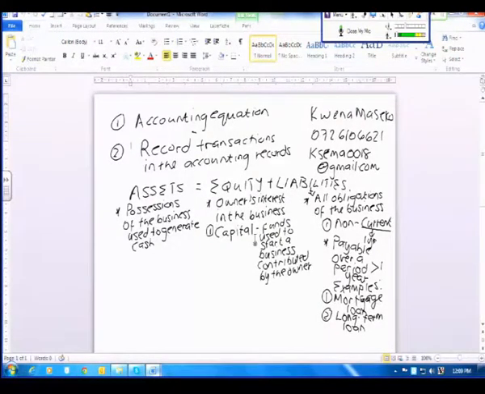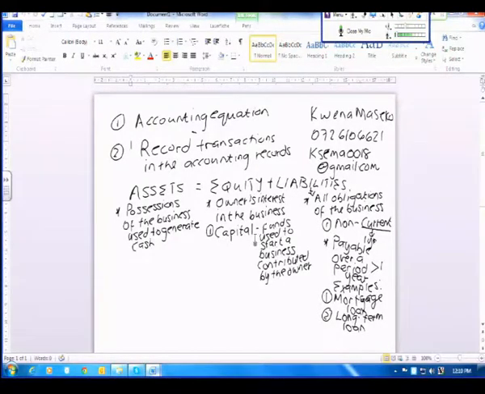So if we say an item is a non-current liability, we are saying it's going to take you more than a year to actually repay it. That's what one type of liability is.